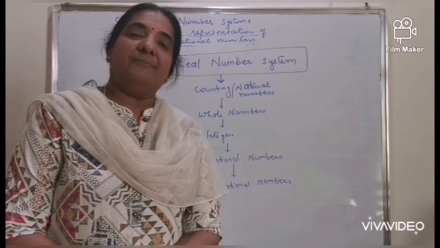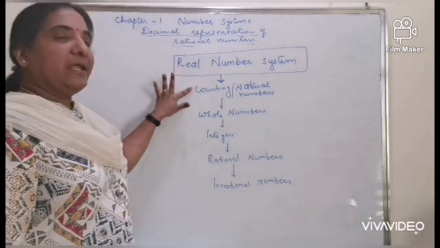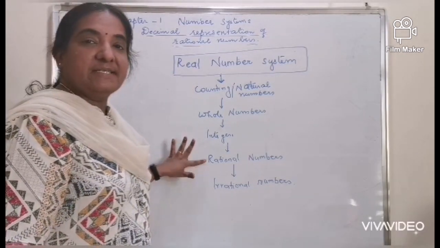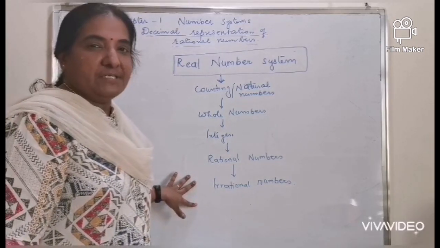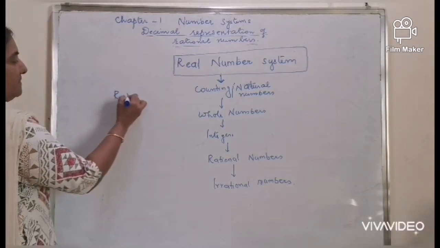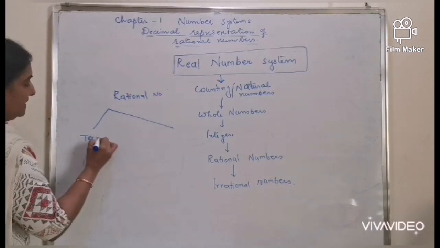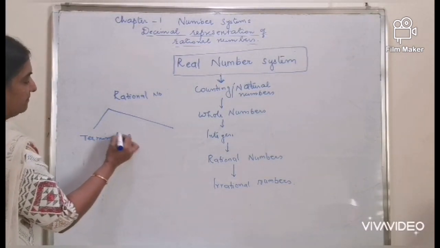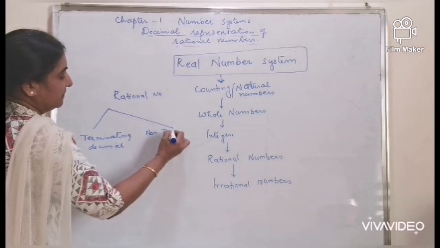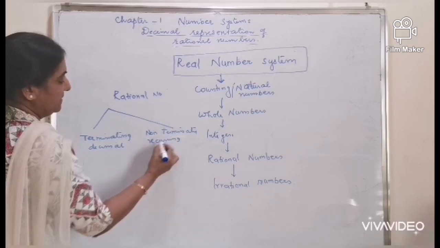What is the real number system? The real number system includes the set of counting or natural numbers, whole numbers, integers, rational numbers and irrational numbers. Any rational number can be expressed as a terminating decimal or a non-terminating recurring decimal.